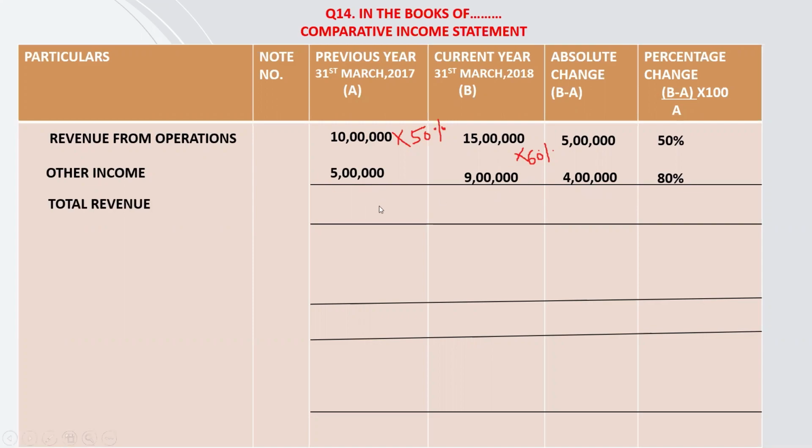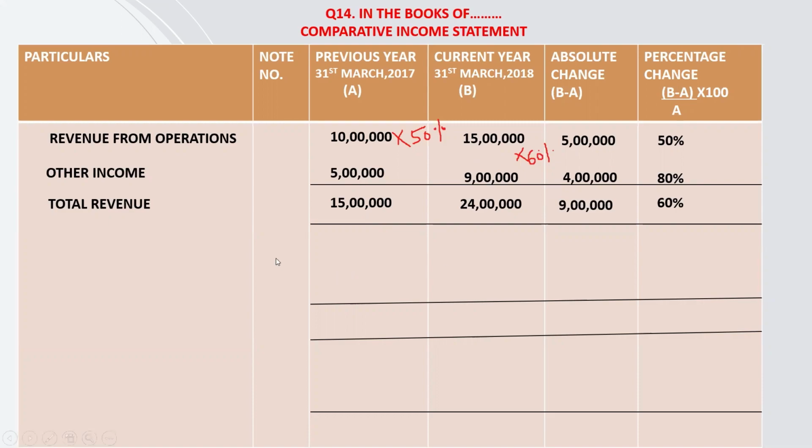Now we will get total revenue, which is total of 10 lakh and 5 lakh, which is 15 lakh. 15 lakh plus 9 lakh, 24 lakh. Now 24 lakh और 15 lakh का difference, 9 lakh आएगा absolute change, and when this 9 lakh will be divided by 15 lakh, we will get 60% as our percentage change.